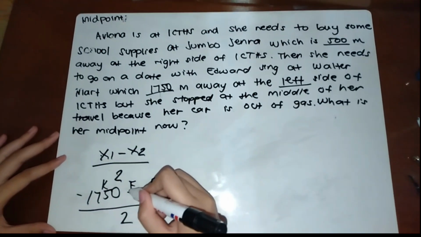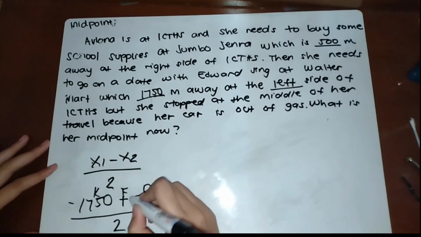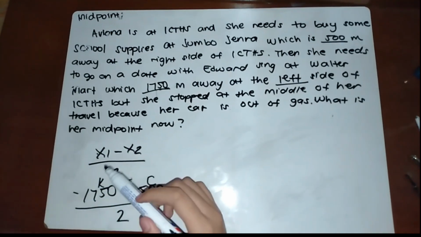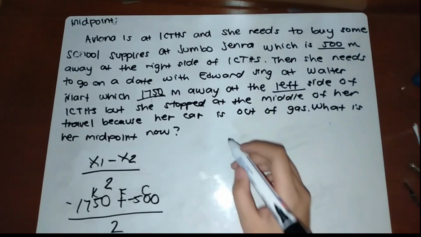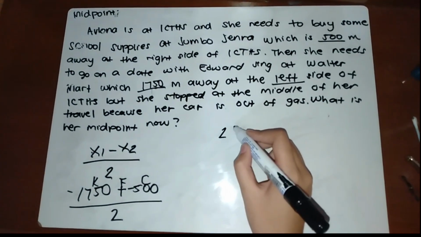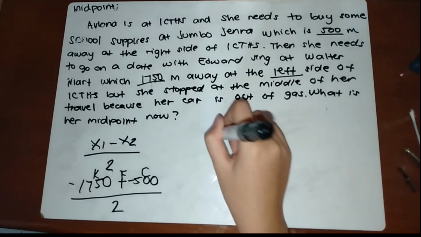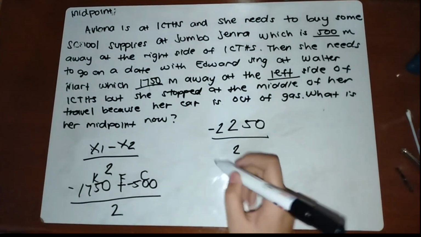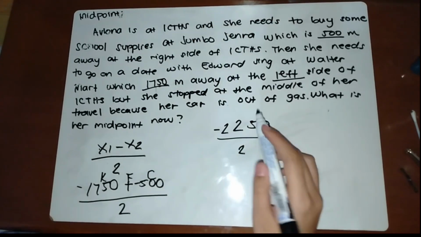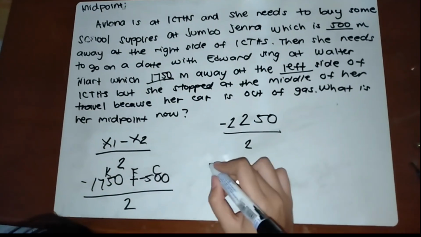So it's going to be plus, and this is going to be negative. Negative 1,750 plus negative 500 is negative 2,250 over 2.